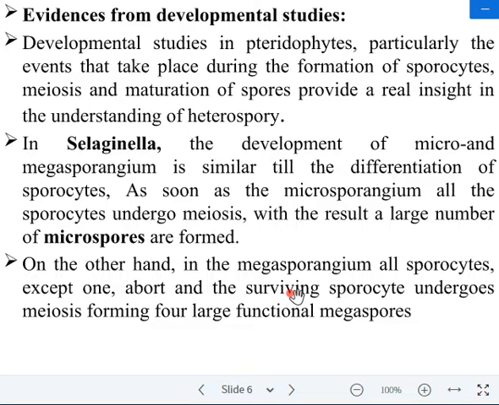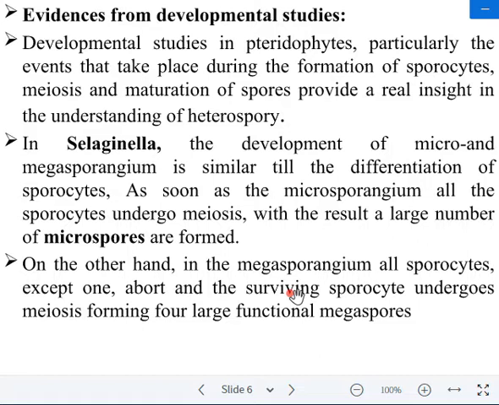What happened in Selaginella? During the development of the microsporangium, what happened? All the spore mother cells undergo the reduction division, and all of them undergo meiosis and become functional. So as a result, within the microsporangium a lot of microspores are produced, which are smaller in size.